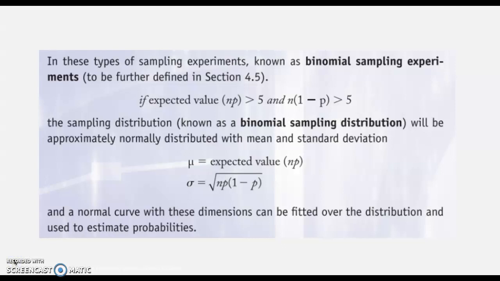In these types of sampling experiments, known as binomial sampling experiments, if the expected value, sample size times the proportion, is greater than 5, and sample size times 1 minus the proportion is greater than 5, the sampling distribution, which is known as the binomial sampling distribution, will be approximately normally distributed, with mean n times p and standard deviation square root of n times p times 1 minus p.